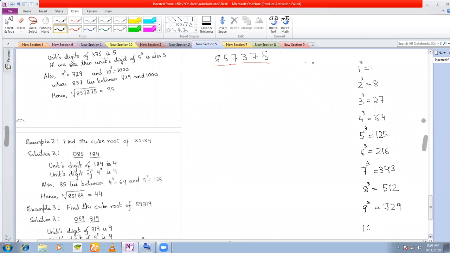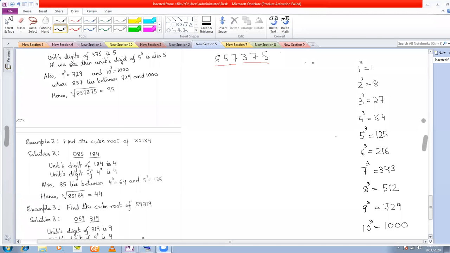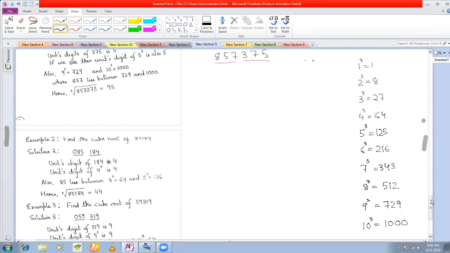And finally, 10 cube is 1000. Okay. So once I know my cubes, now I'll see what I can do with this.